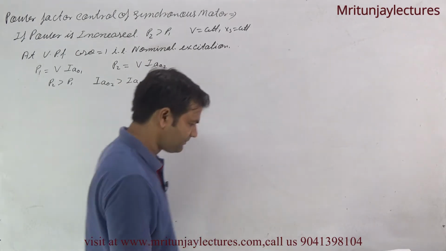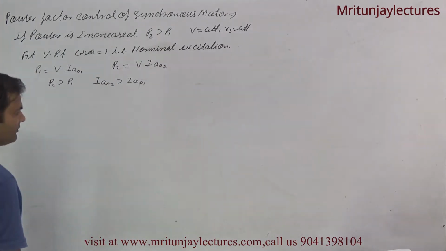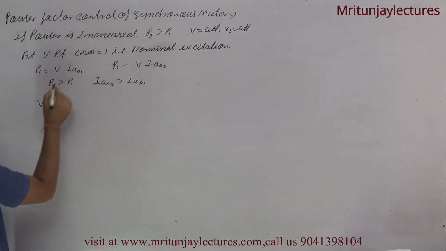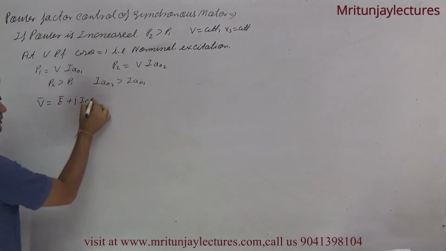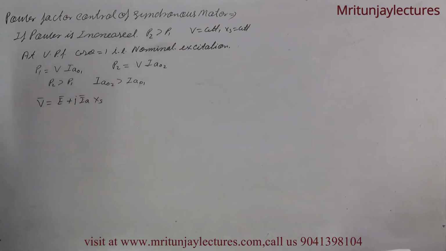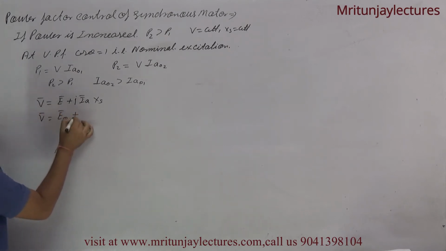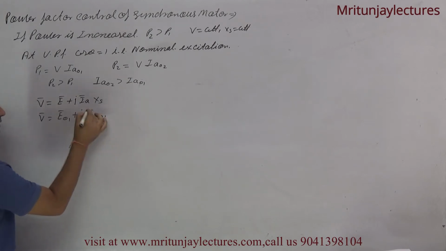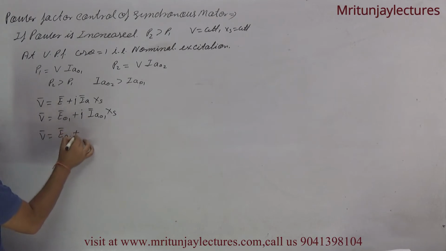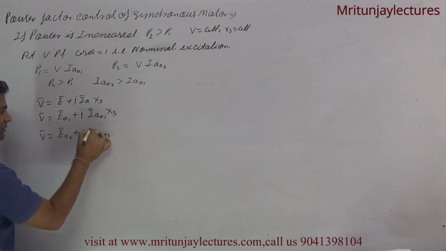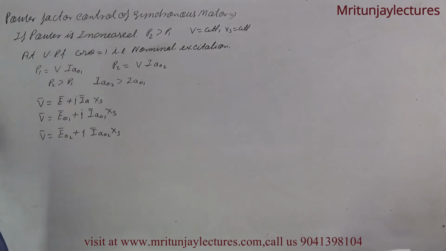First of all, we know that in a synchronous motor, the terminal voltage is written as V = E + j IA XS. Corresponding to E01 plus j IA01 ZS, we can also determine this with the help of a phasor diagram.